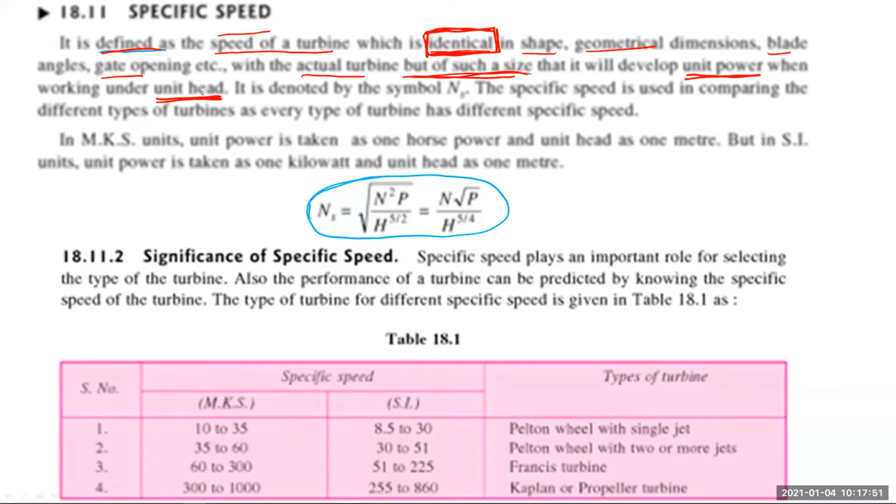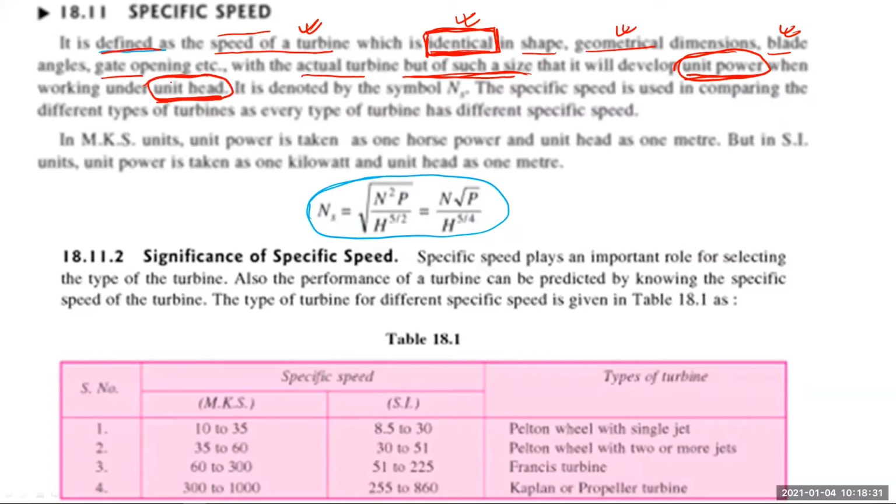Okay, so to remember the definition, you can keep in your mind that specific speed of a turbine is defined as the speed of a turbine which is identical in shape, dimension, blade angle, gate opening with the actual turbine, but the size is such that it will develop unit power under unit head.